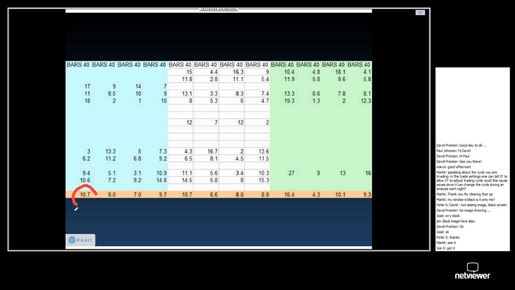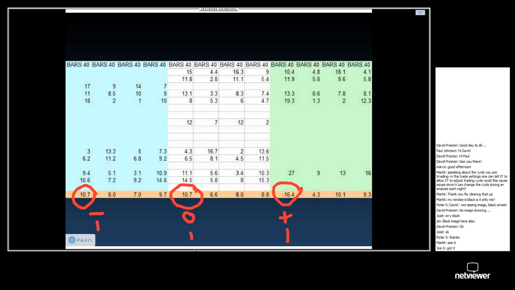Perhaps I should turn on my white screen and then my whiteboard, and then I can circle these things. Okay, there we go. So here is 10.7 bars. That's with a negative underlying trend, and that is wave 1.